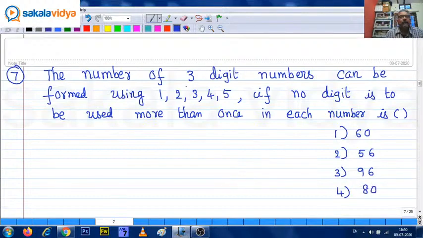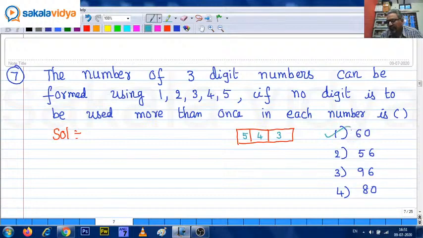So that means with the help of these 5 digits we need to form 3-digit numbers. 3-digit numbers means we have 3 empty places. This is unit place, 10th place, 100th place. So this can be filled 5 ways, 4 ways, this is 3 ways. Very simple. 60, answer is 60.